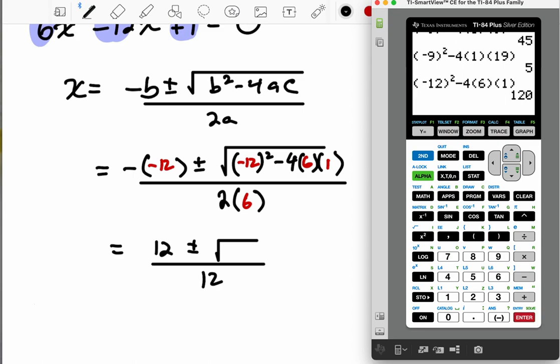And 120 is the result. That is something that can be broken down, so I'm going to take that off on the side and do a little side work.